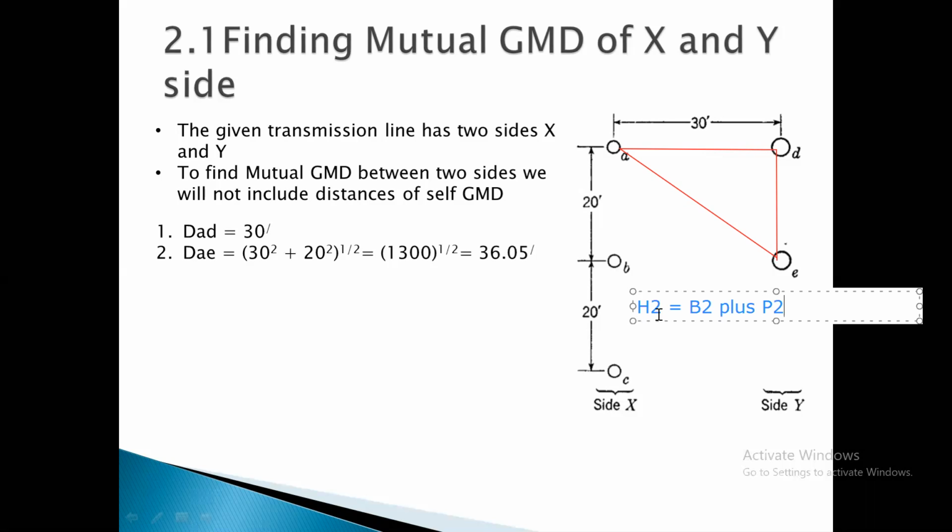By removing the square, I get the square root. So the hypotenuse is equal to the square root of base square plus perpendicular square. This is the formula we get from geometry. As I told you before, we must know about geometry when we go for inductances.